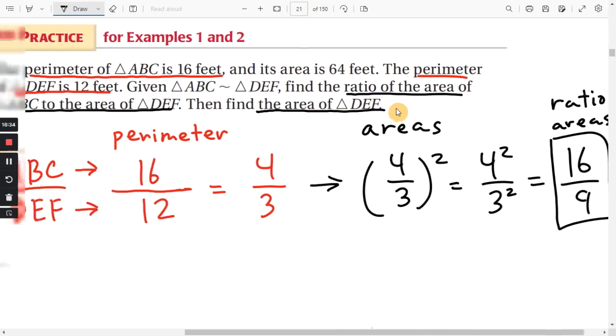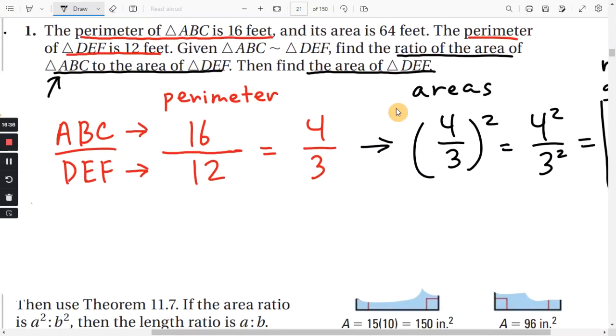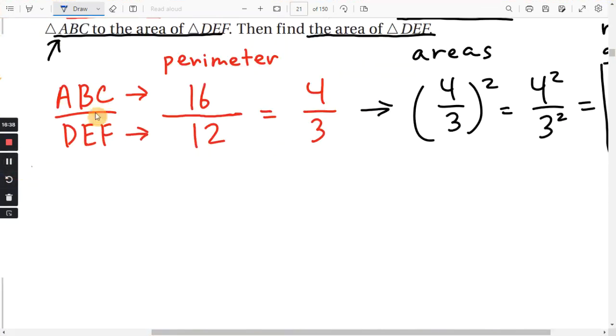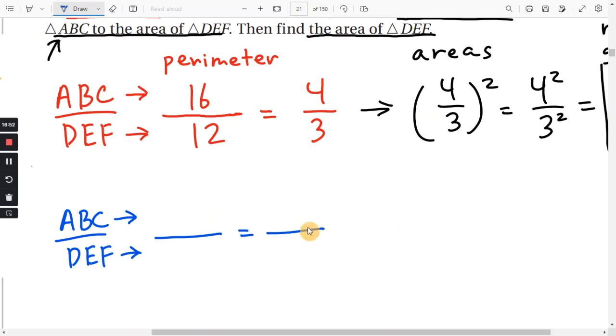All right, so let's see. I'm going to stick with ABC over DEF. And we're going to make 2 fractions. The first fraction is going to be the ratio. And the second fraction is going to be the actual area.